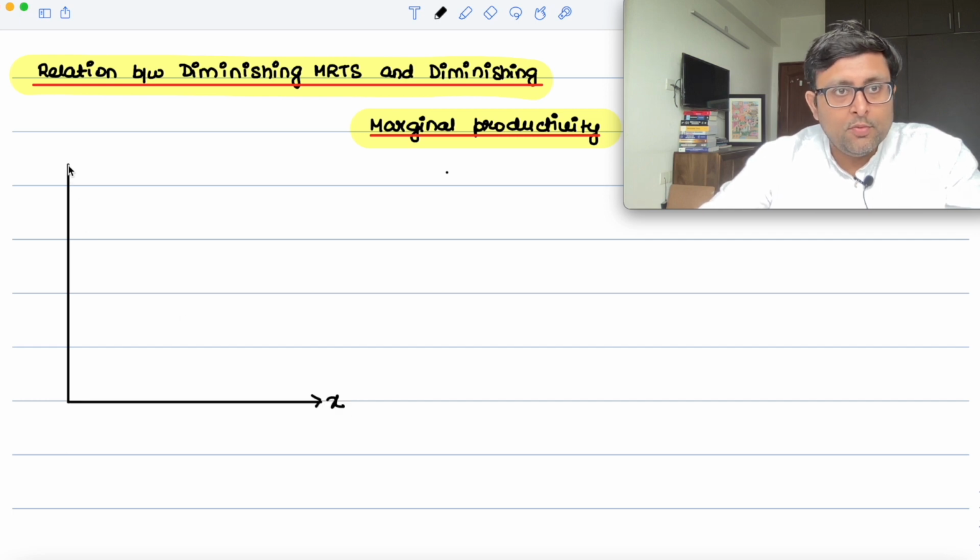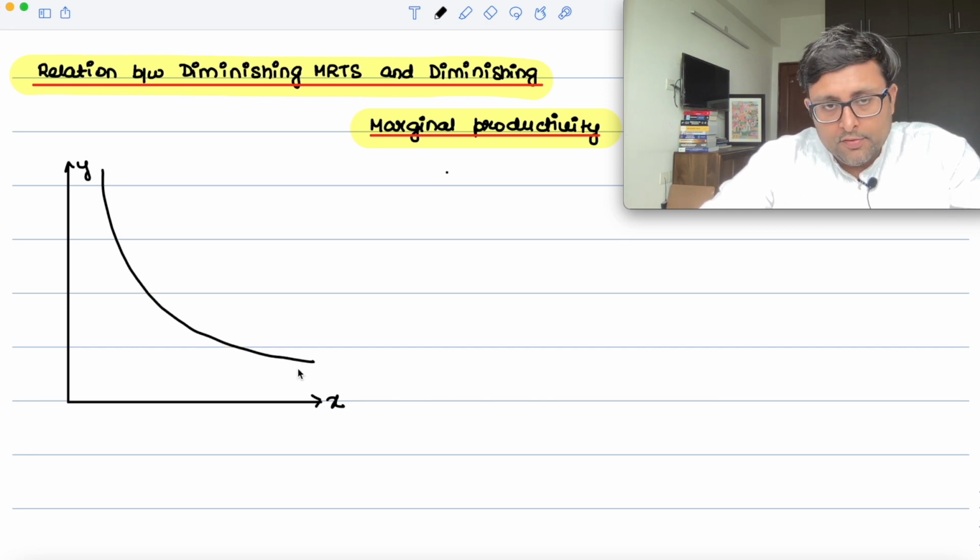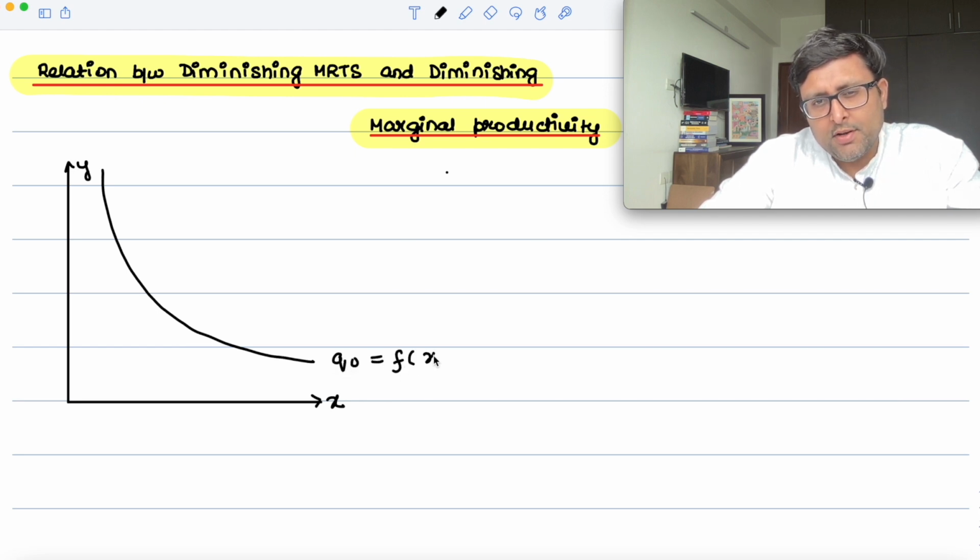So you have X, you have Y, and you have the isoquant like this. Your Q naught is equal to f of xy. I think in place of xy, we should rather use KL.